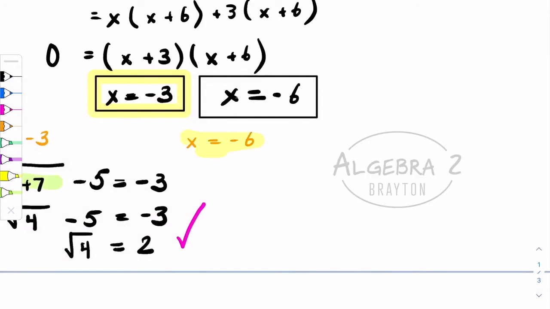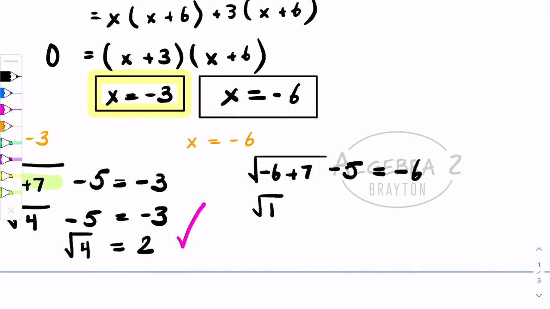Next, we're testing x equals negative 6. This gives us the square root of -6 plus 7, minus 5 is equal to -6. -6 plus 7 is the square root of 1 minus 5 is equal to -6.